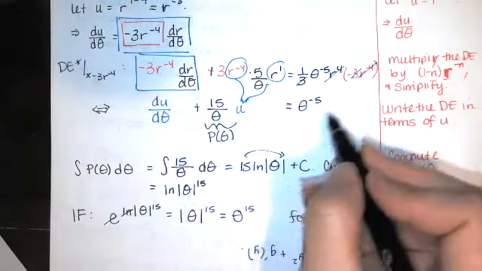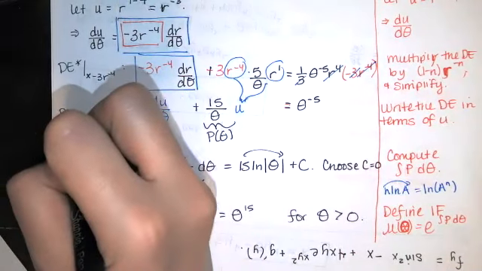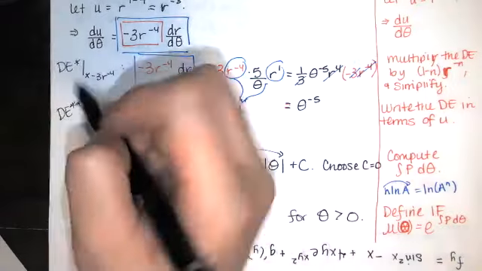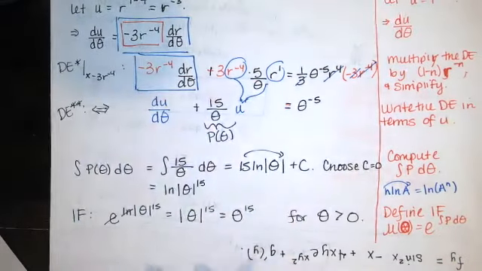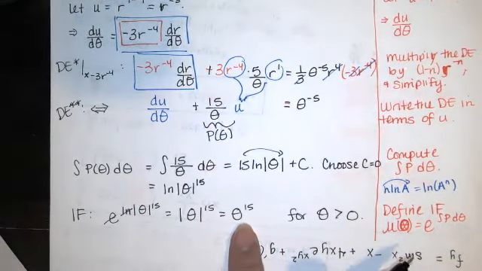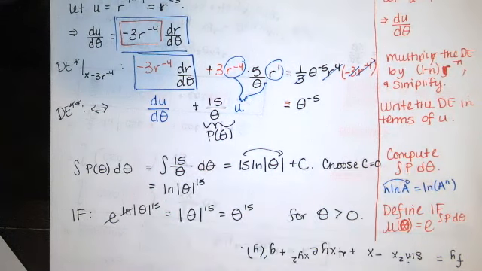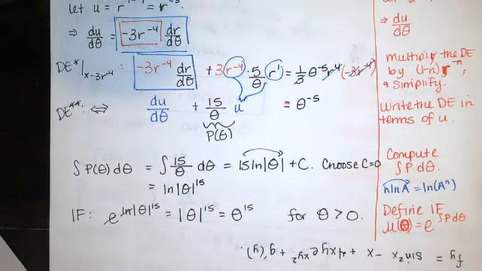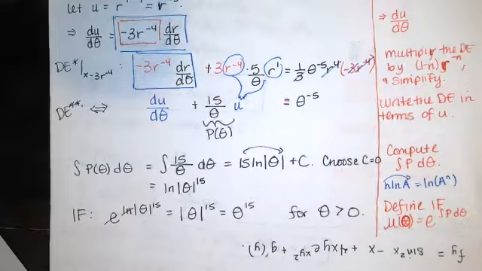So I'm going to call this equation involving u and theta, our first order linear equation in the variable u, double star. And to solve that, we're going to multiply by this integrating factor, theta to the 15th on both sides. When we're done, the left-hand side should be the derivative of u times our integrating factor.